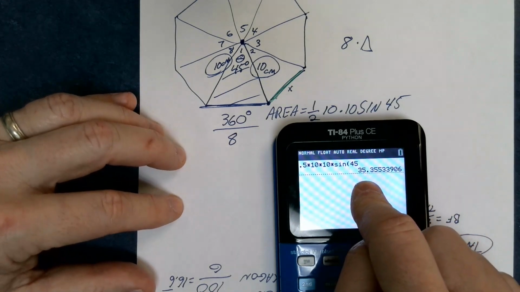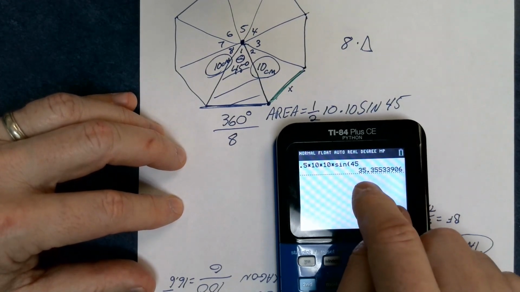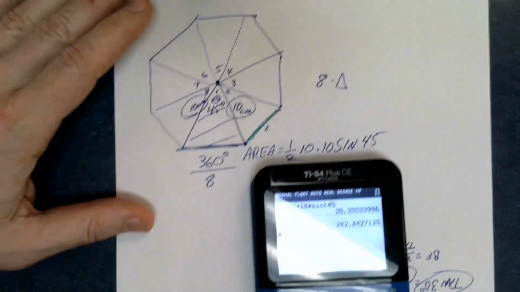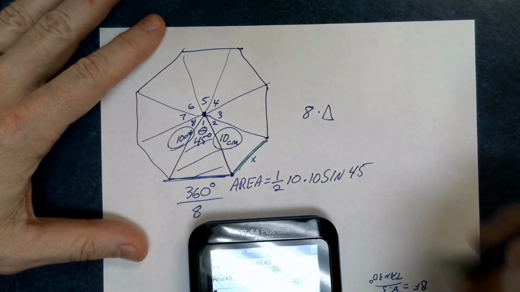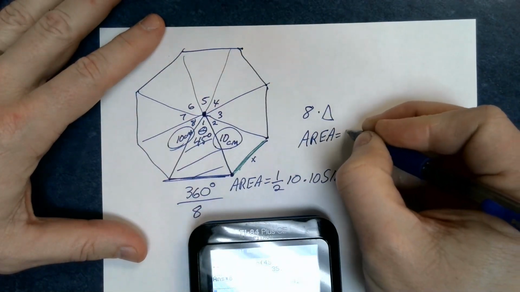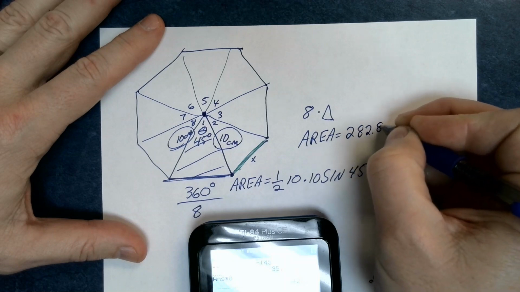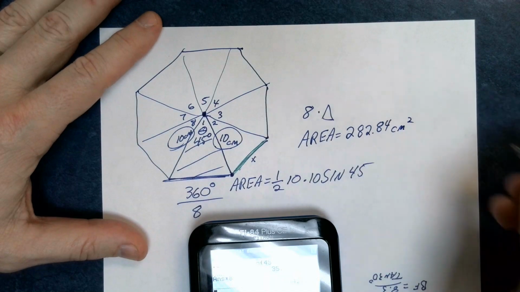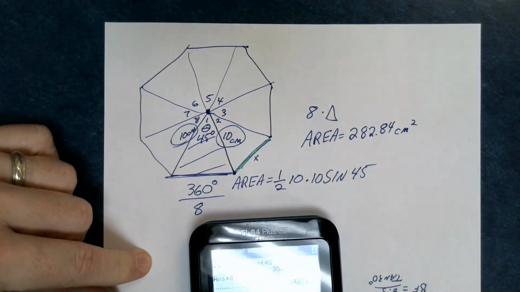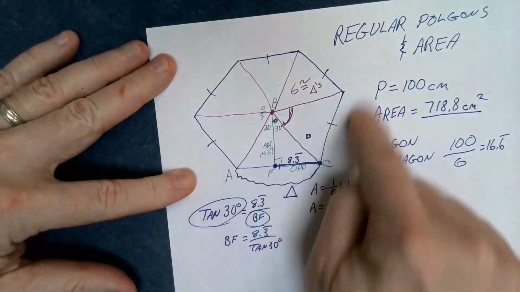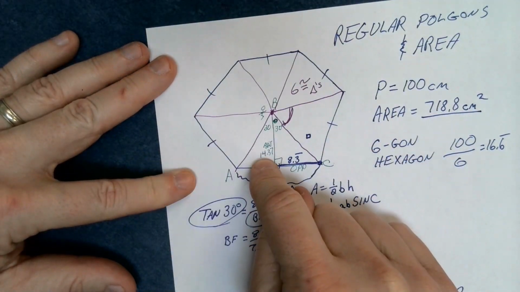That's the area of one of those triangles, and I multiply that by 8 because there were 8 of those triangles, and the area of this regular octagon equals 282.84 square centimeters.